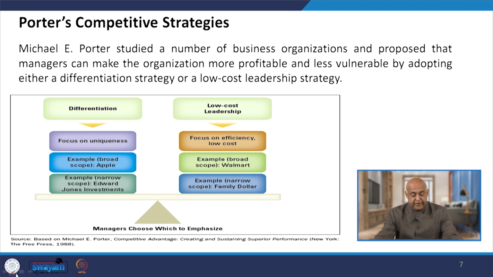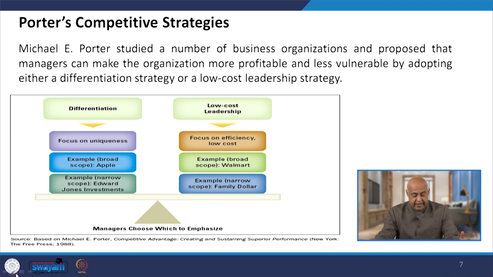Low cost leadership focuses on efficiency and low cost. An example is Walmart, and that model has become very popular. In India also we will find a similar concept in many retail chains. So here low cost leadership is what makes you different from the others.